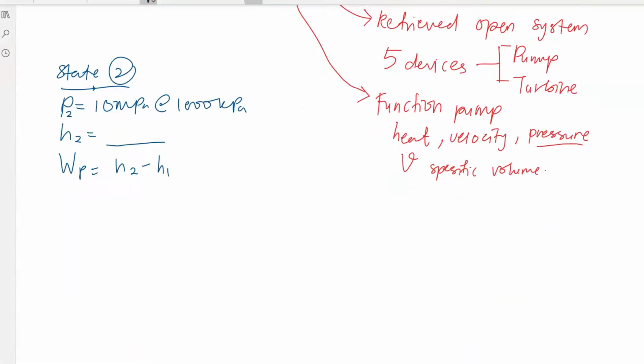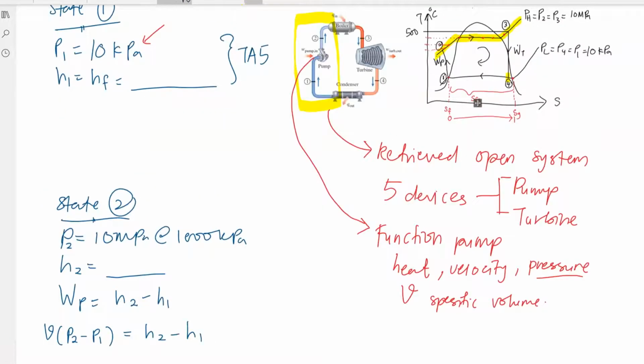So we are going to write down here that your work pump can also be calculated using specific volume times P2 minus P1, which is equal to H2 minus H1. Okay, now let us make some checklist here, right? We don't know what is V, we do have P2, we do have P1, we don't know what is H2, and what about your H1?